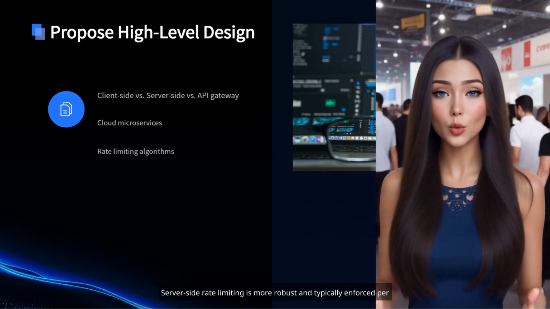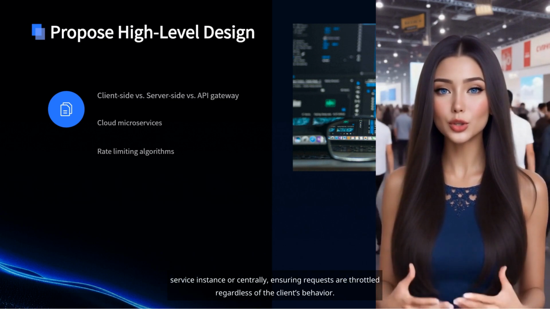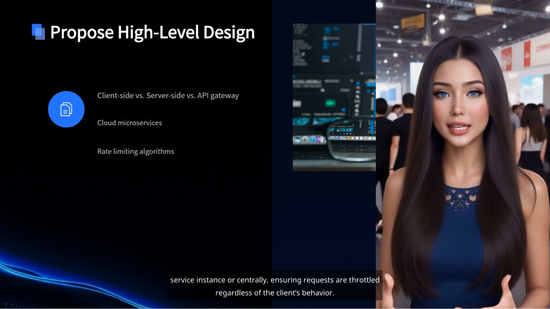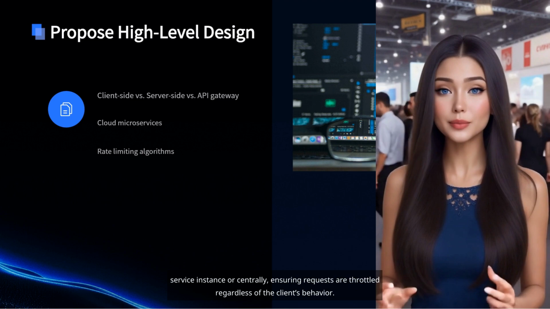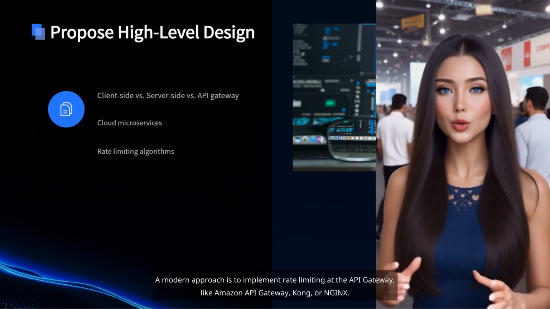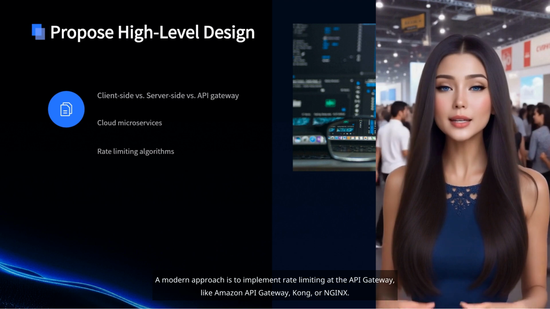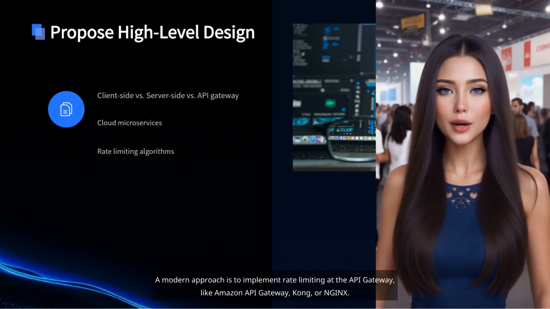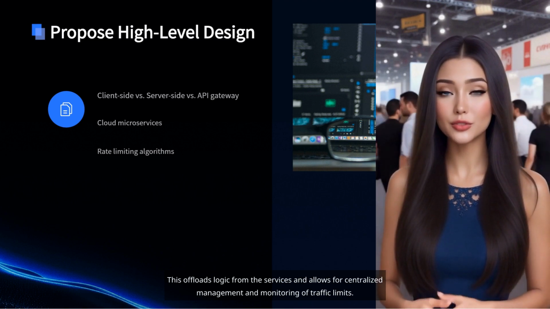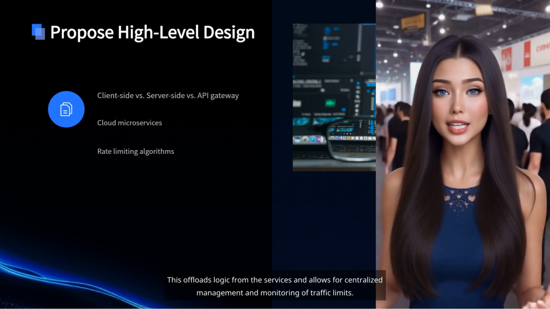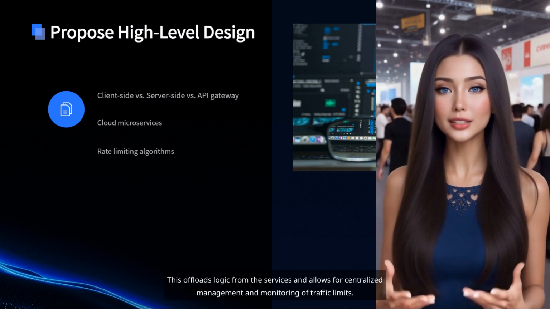Server-side rate limiting is more robust and typically enforced per service instance or centrally, ensuring requests are throttled regardless of the client's behavior. A modern approach is to implement rate limiting at the API gateway, like Amazon API Gateway, Kong, or NGINX. This offloads logic from the services and allows for centralized management and monitoring of traffic limits.